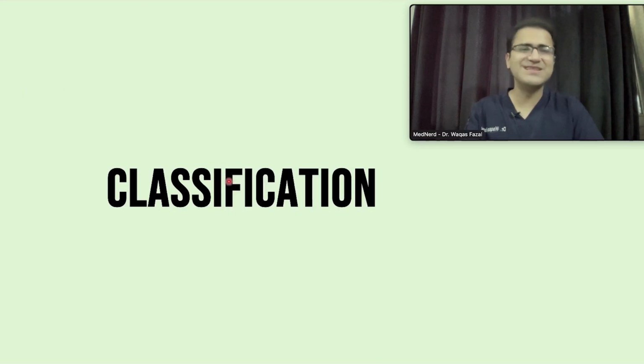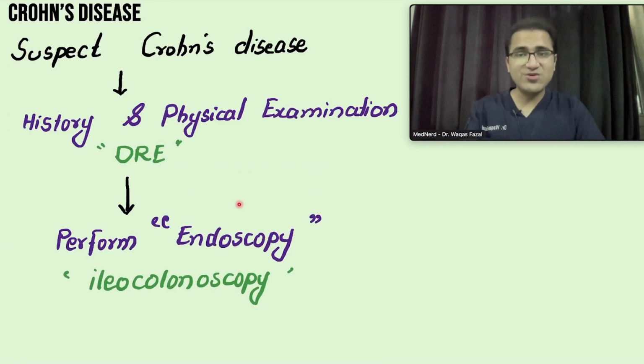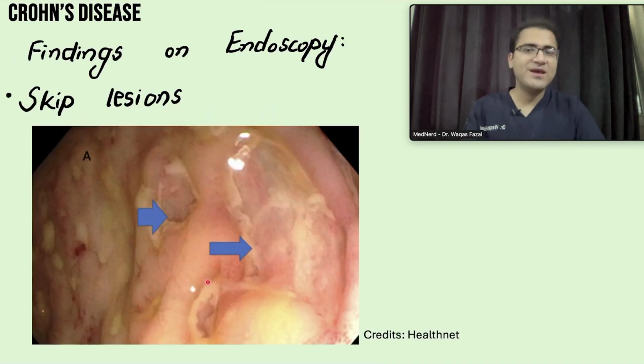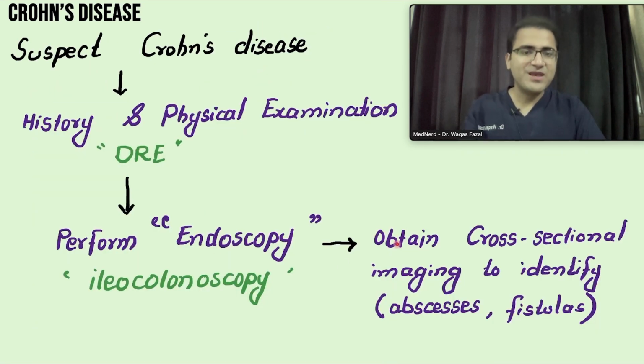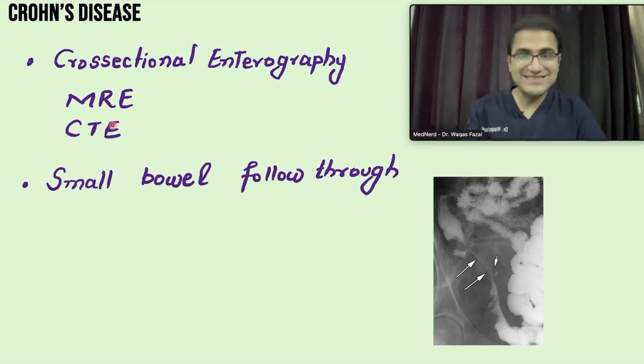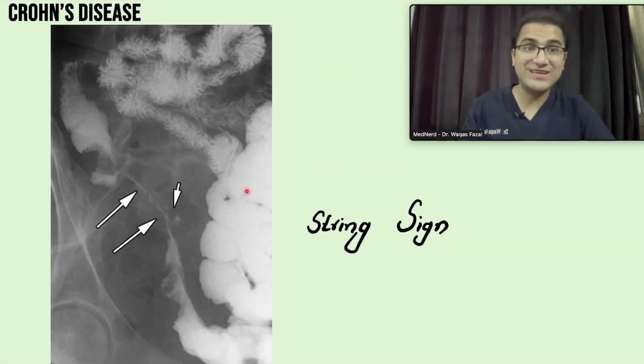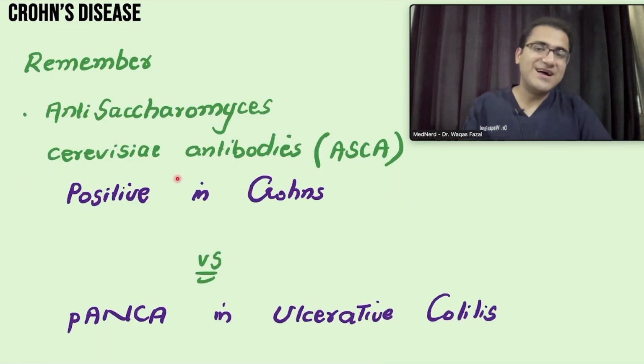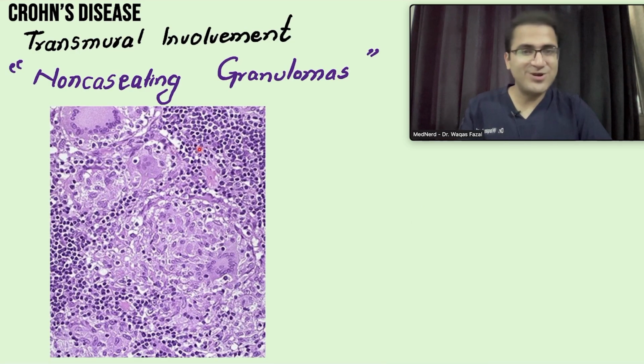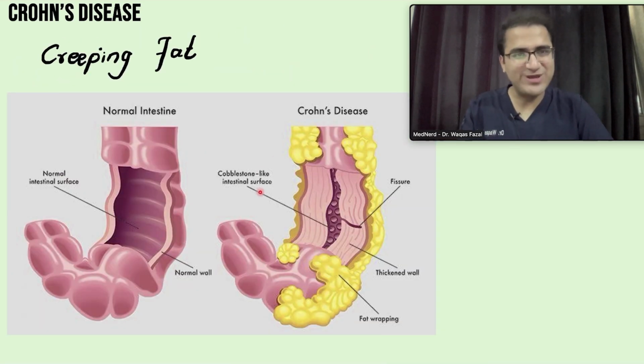Pyoderma gangrenosum, the classification, the diagnosis, the DRE and ileocolonoscopy, the most important one. Then the cobblestone mucosa, cross-sectional imaging to identify fistulas, MRE, CTE, small bowel follow-through showing string sign, and the antibodies that are positive, non-caseating granulomas, creeping fat appearance.